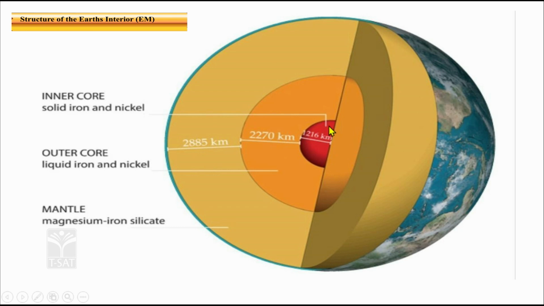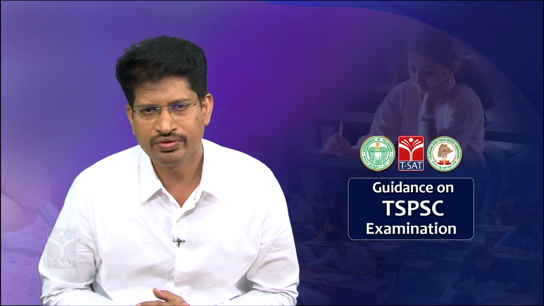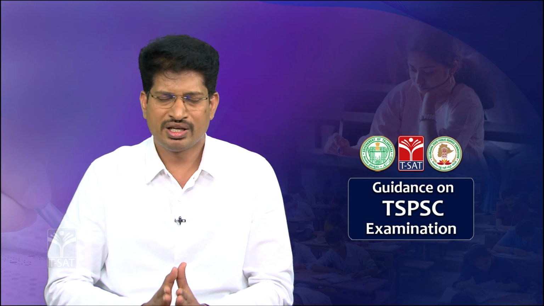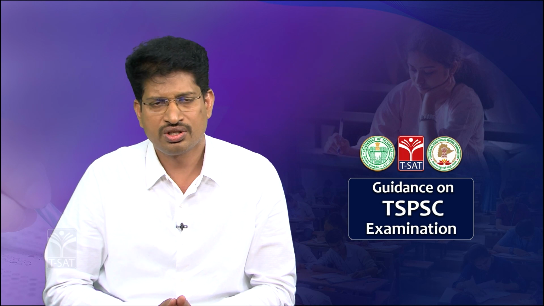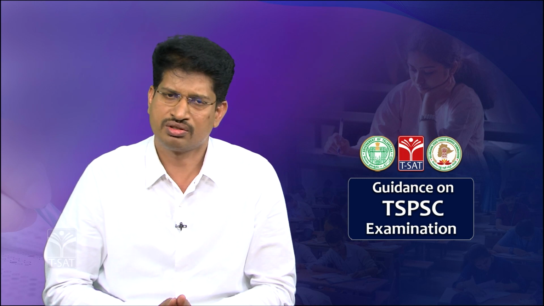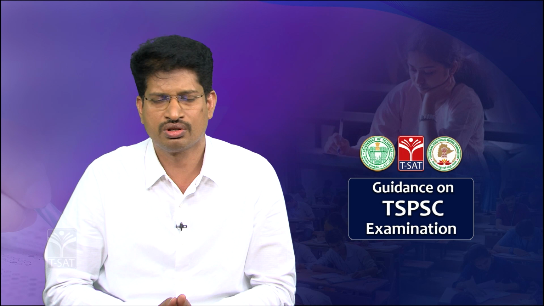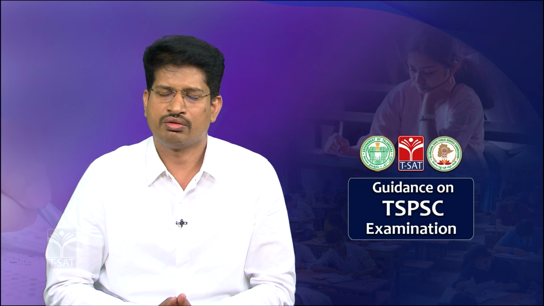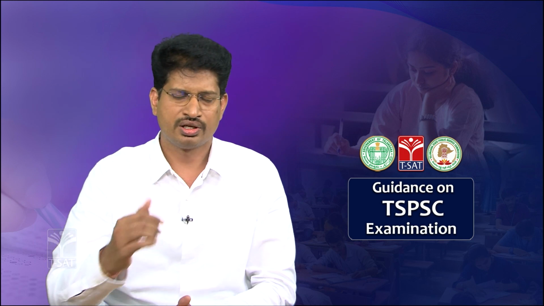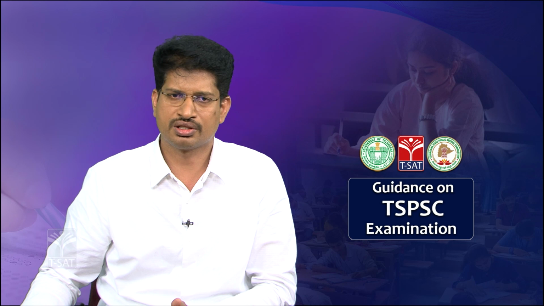After knowing the broad divisions of the earth's interior, layer by layer, we shall discuss how the density varies, the nature varies, the thickness varies, and the composition of the layers with the different minerals of which the layers are made. Let us discuss by layer.